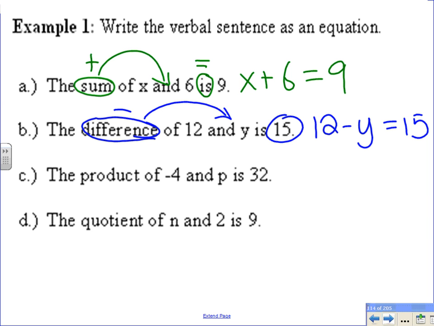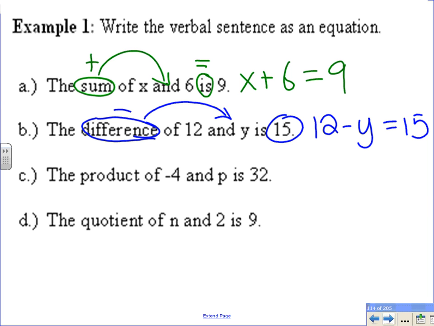If it's a one-step equation, yes. Sean? Yeah. You should really do 15 minus 12 to get your answer, but hold on because I'm getting to that. Okay, I want to make sure you guys are doing the right process. You're just ahead of me.